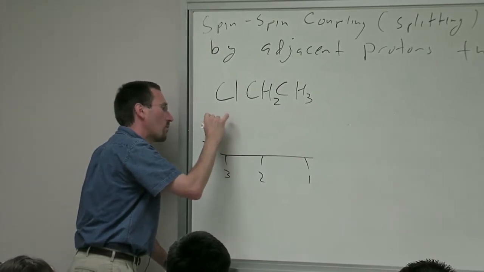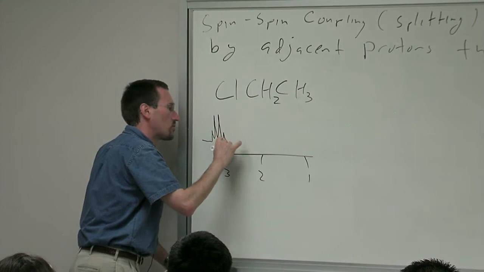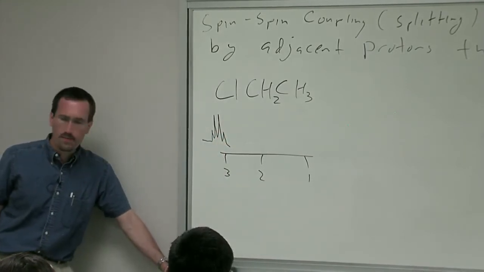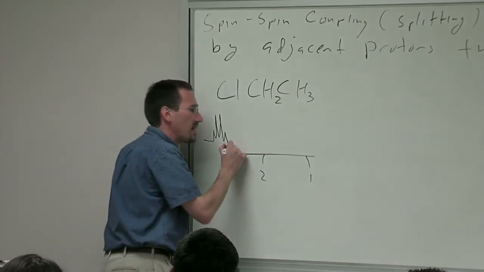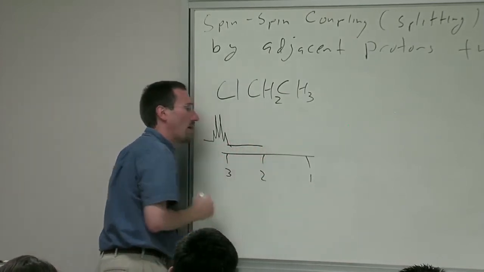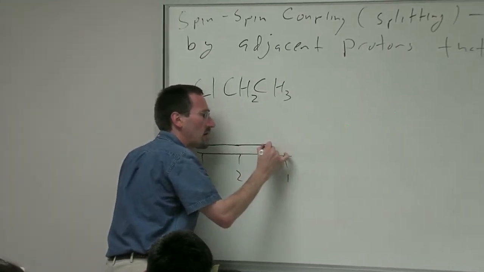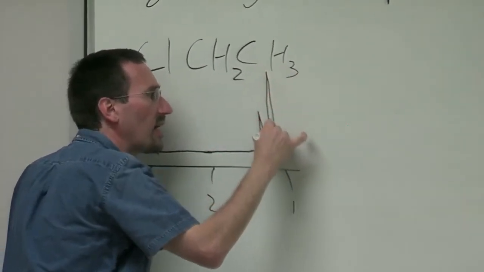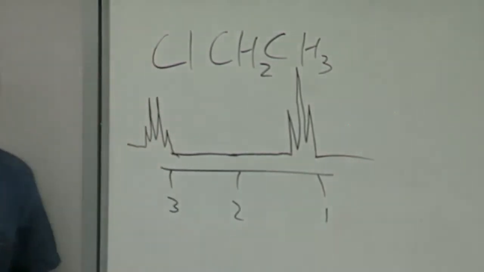We have a 1 to 3 to 3 to 1 quartet, just a hair downfield of 3 ppm. And then somewhere just a hair downfield of 1, we have a 1 to 2 to 1 triplet.